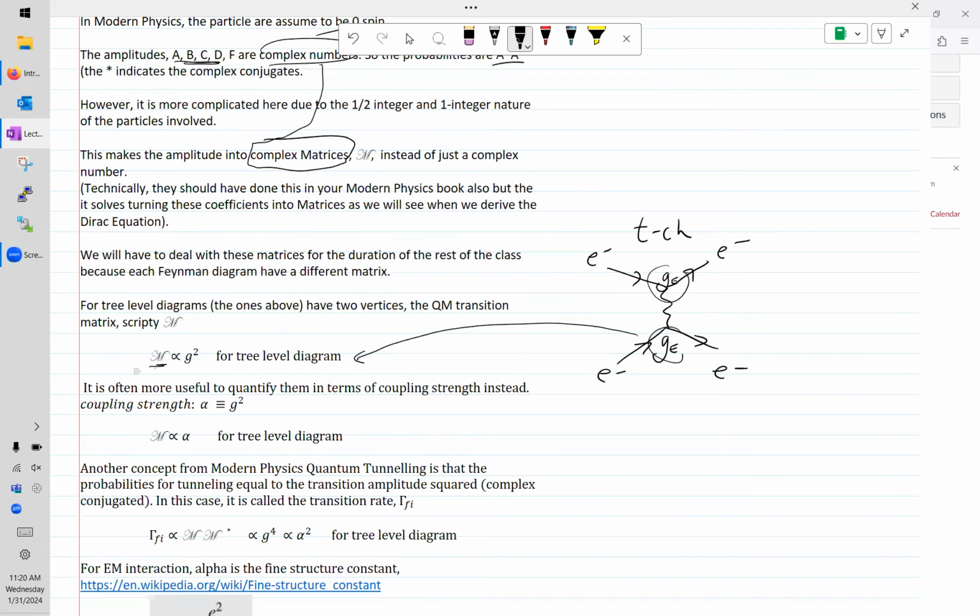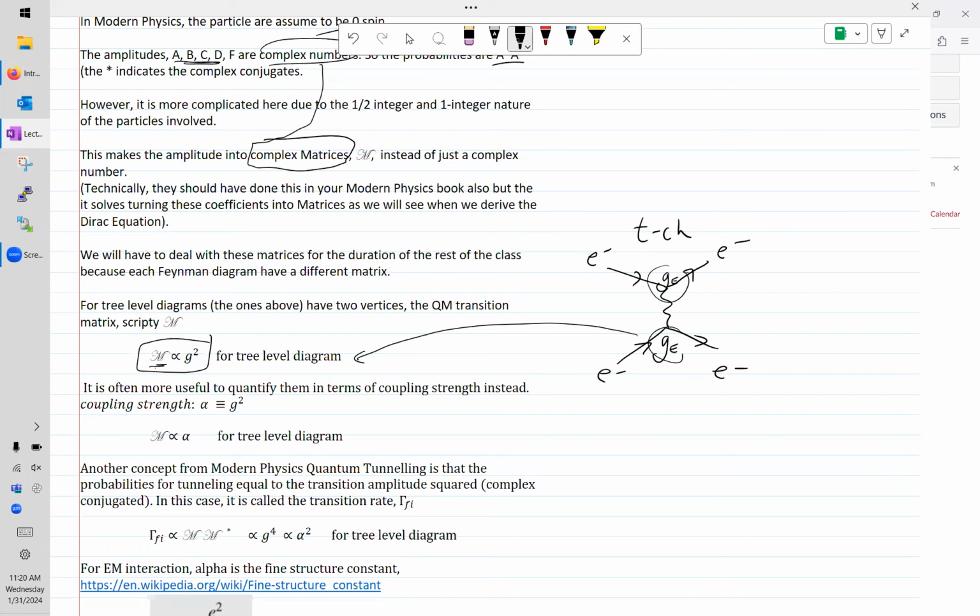For this tree level diagram, a tree level diagram being one where you have just a single exchange of bosons between the two fermions, since there are two factors of G here, this matrix element is proportional to G squared. That's not an alpha sign; that's a proportionality sign.